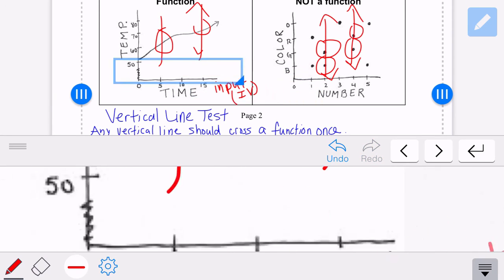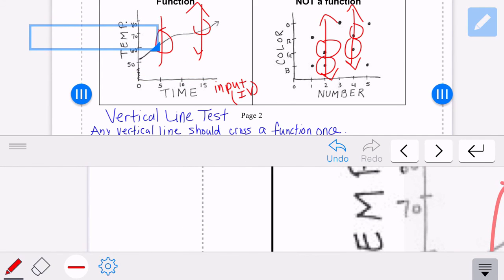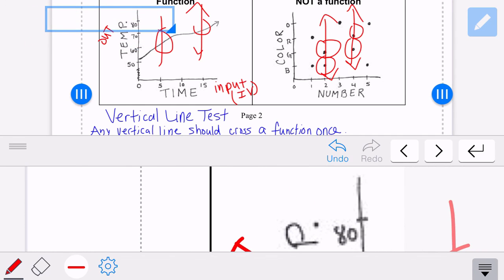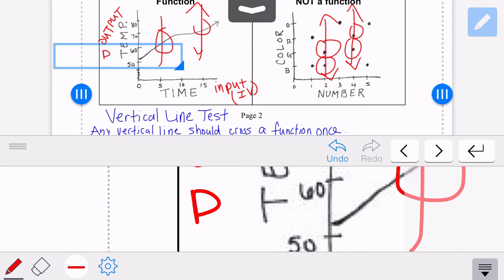And then your temperature over here is what your output is. And that's, again, your dependent variable.